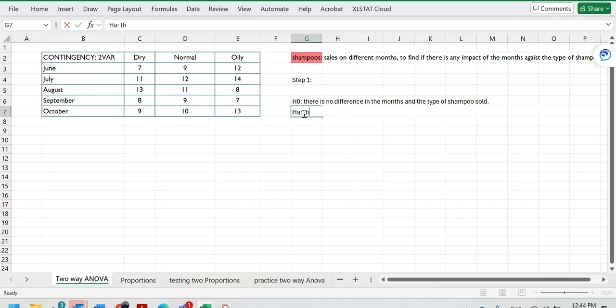What are they? There is an impact or difference in the shampoo type being sold is one alternate, which will correspond to the columns.